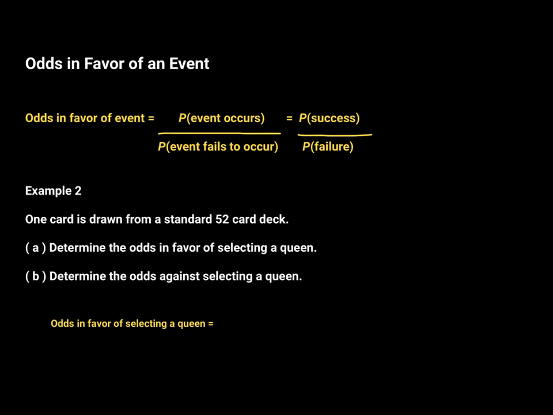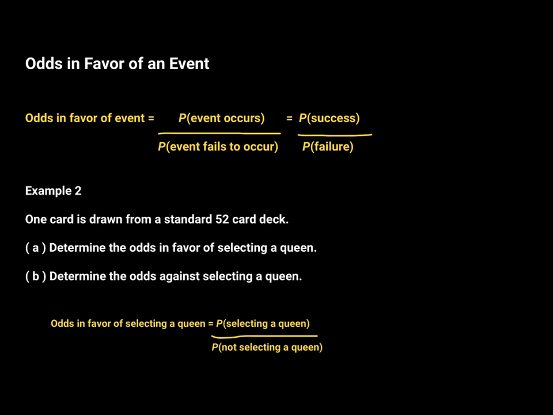So the odds in favor of selecting a queen will be the probability of selecting a queen in the numerator and the probability of not selecting a queen in the denominator. Okay, so what is the probability of selecting a queen?